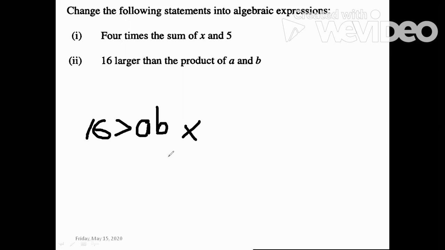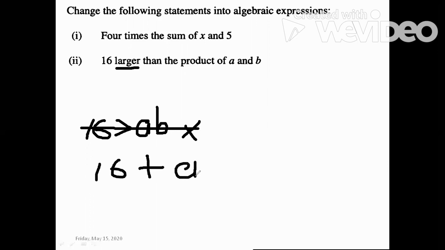For some strange reason, some persons associate larger with this inequality symbol, which means greater than. So larger doesn't mean greater than. Larger is actually plus. So the answer for this would be 16 plus the product of A times B.